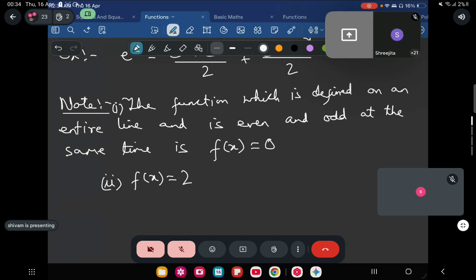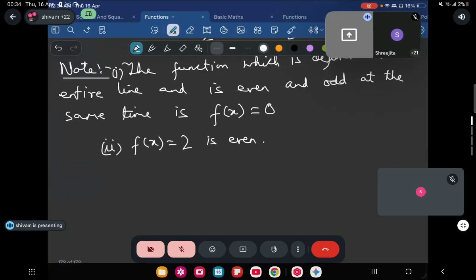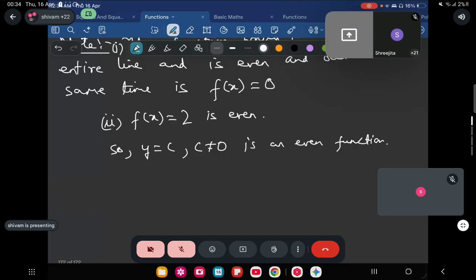Even. f of minus x will also give us the same thing. So can I say, everyone, y equal to c for c not equal to 0 is an even function.